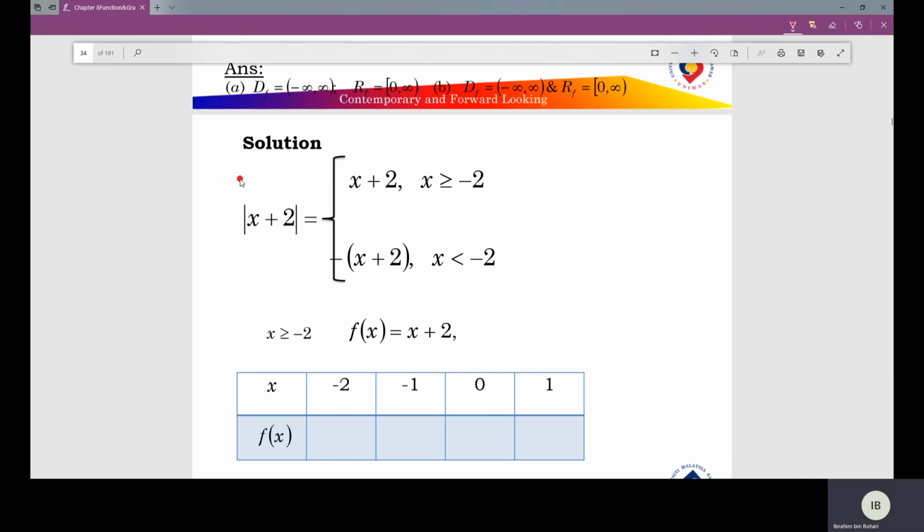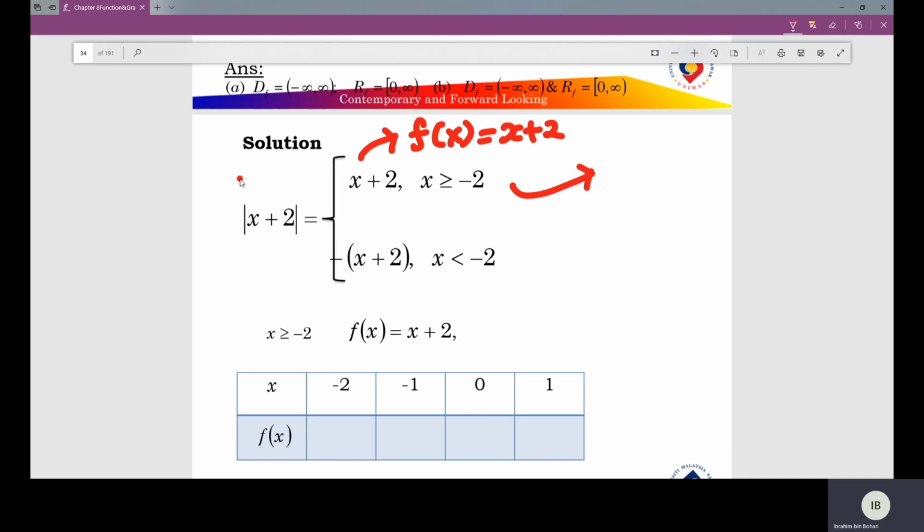First step, you write down the modulus function, modulus of x plus 2, in piecewise form. The first part of the function is f(x) equals x plus 2, and the domain is x greater than or equal to negative 2.